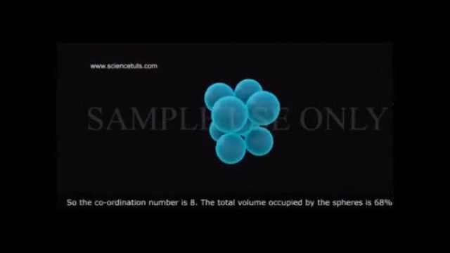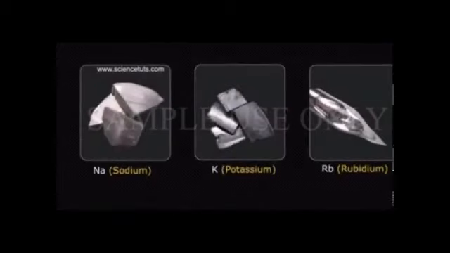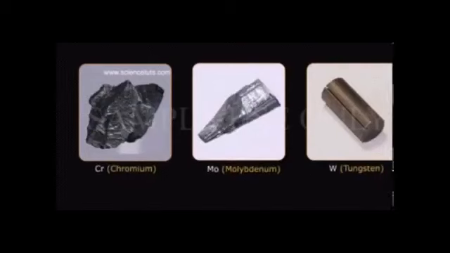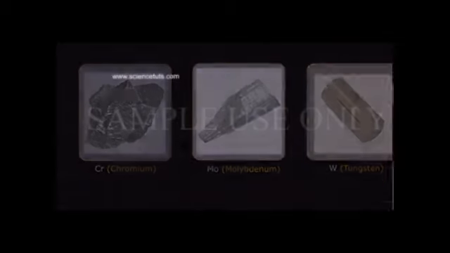So the coordination number is 8. The total volume occupied by the spheres is 68%. Example, Na, sodium, K, potassium, Rb, rubidium, Cr, chromium, Mo, molybdenum, W, tungsten, etc.